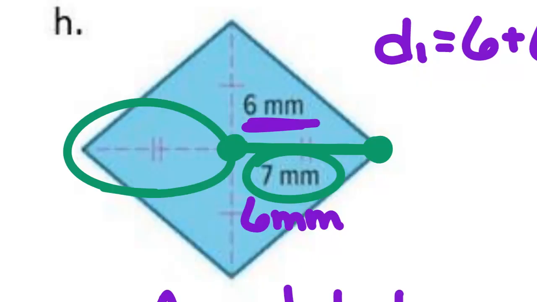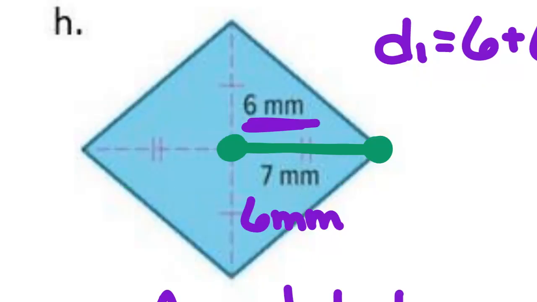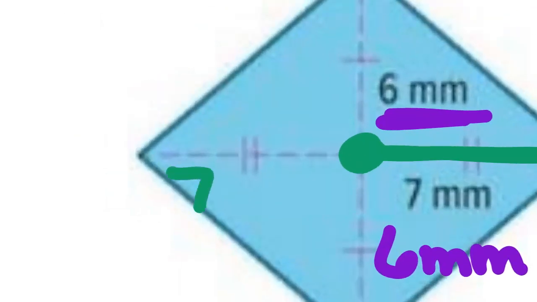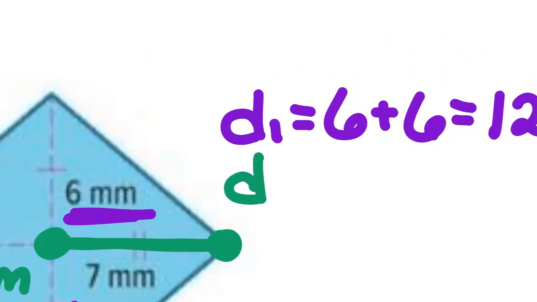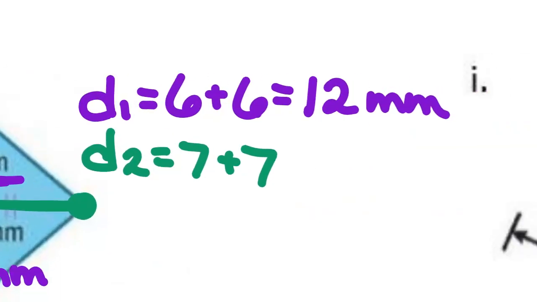Another 7 millimeters, yes. So diagonal 2 would be 7 plus 7, or 14 millimeters.